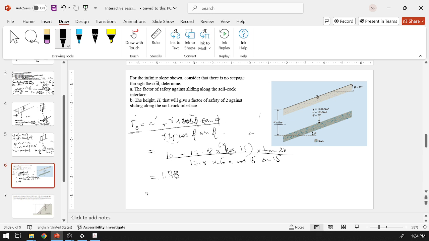So we will have 2 equals 10 plus gamma h times, I think, yeah, cos square beta.